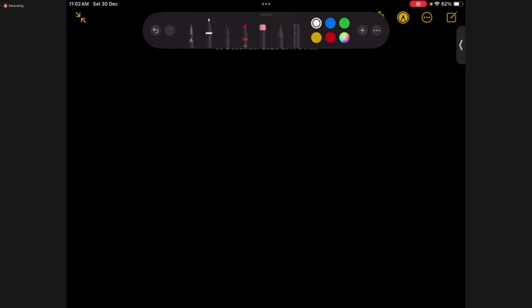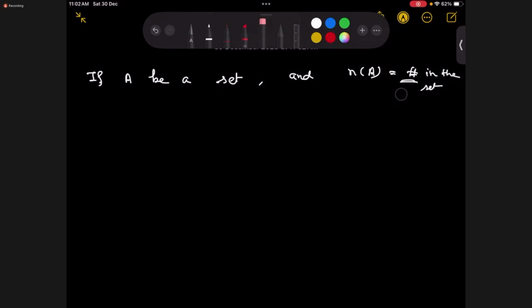If A is a set, and n denotes the number of elements, then this notation stands for the cardinality of the set. Yes, this is the cardinality of this set.